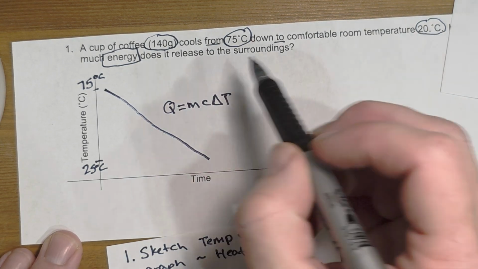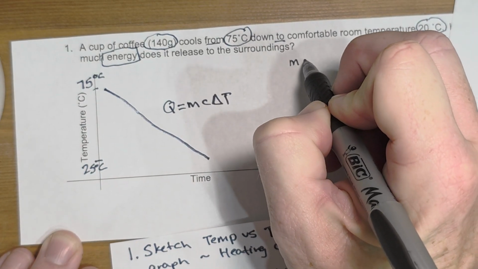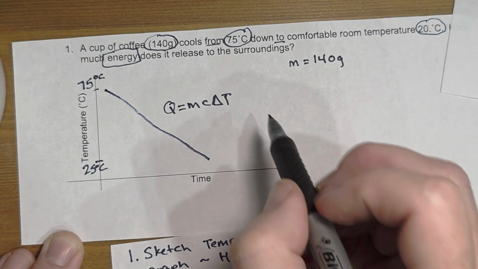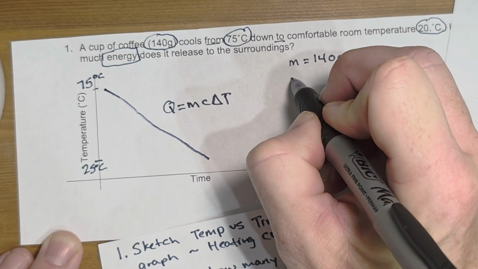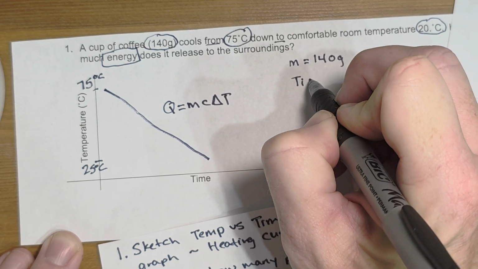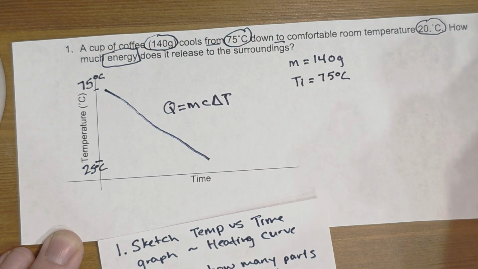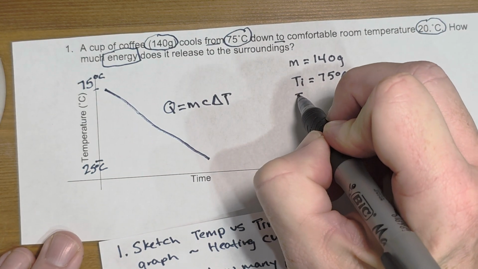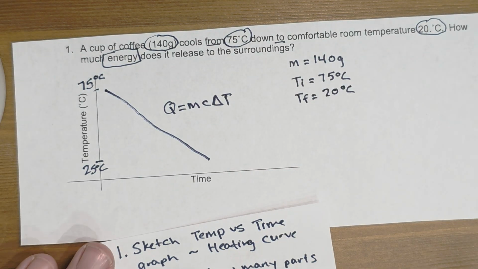Okay, so word problem gives us a mass of 140 from 75. That means that our initial temperature is gonna be 75 degrees Celsius. And we're gonna go to 20 degrees Celsius.